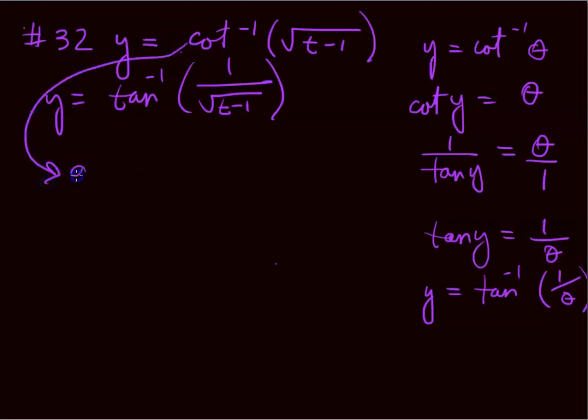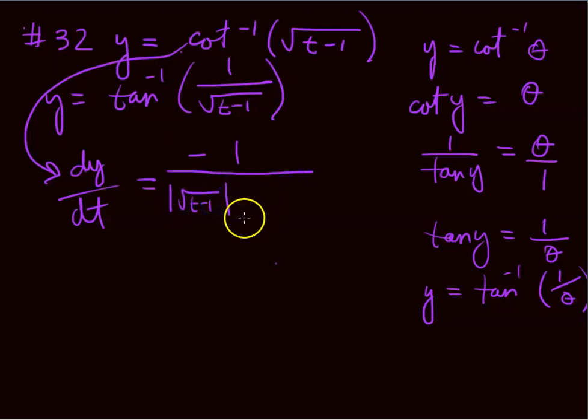And dy dt, remember it's a negative 1 over the absolute value of the square root of t minus 1 times the square root.